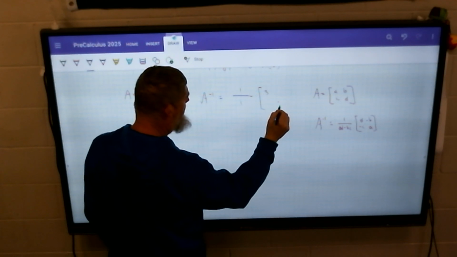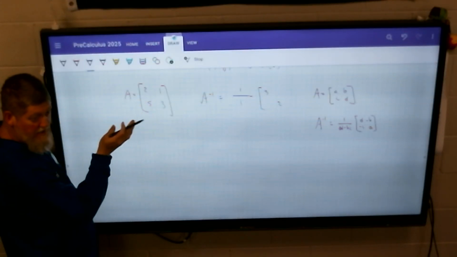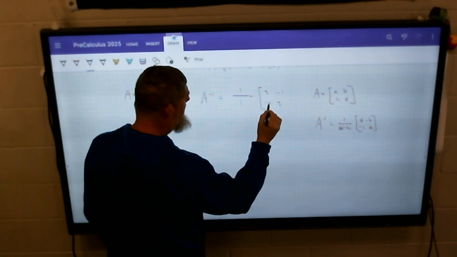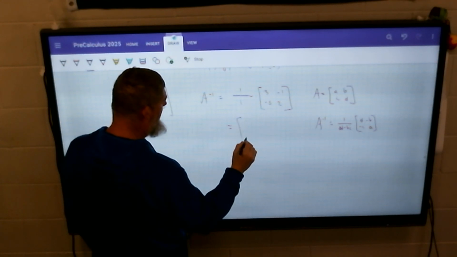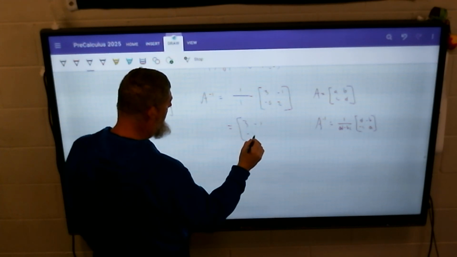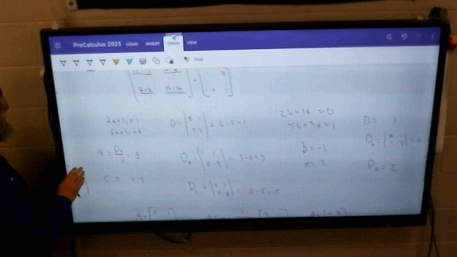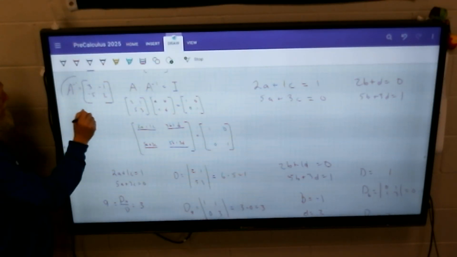So 3, 2. Take your 1 and your 5, keep them in the same spot, but change their signs. Then if you multiply 1 by all of it, you get 3, negative 1, negative 5, 2, which should be 3, negative 5, negative 1, 2, what I got here.